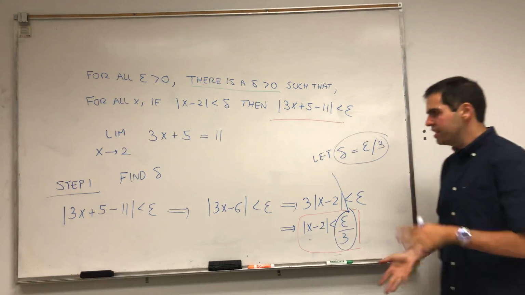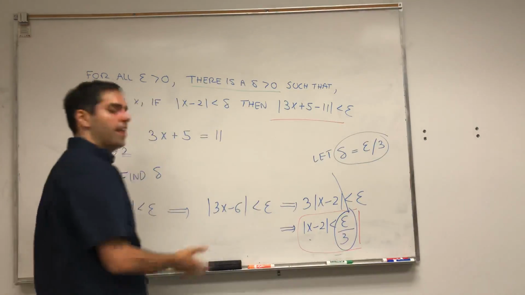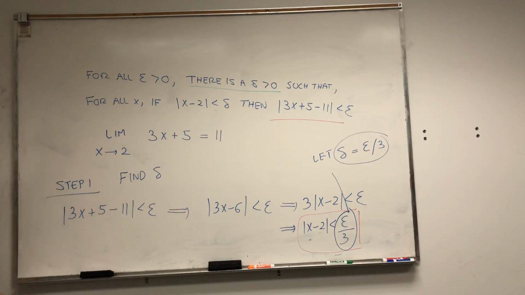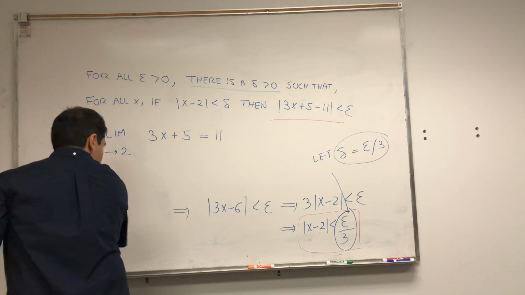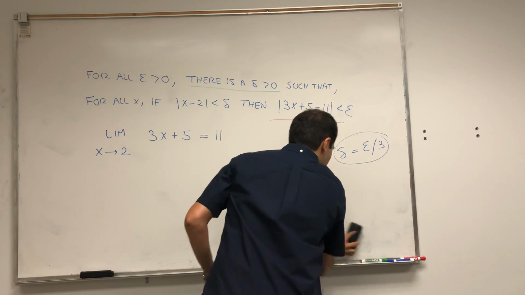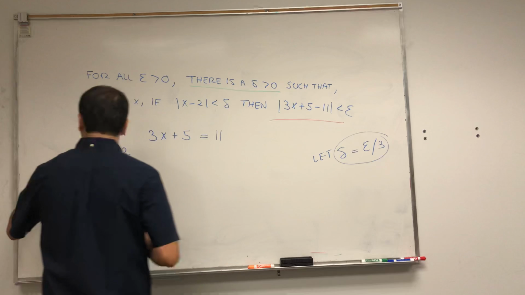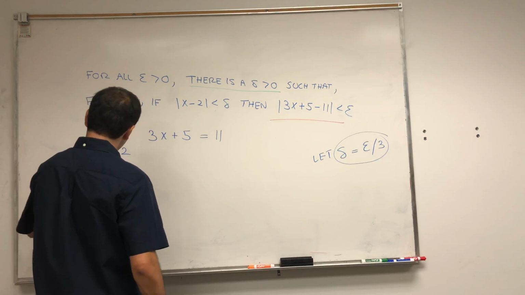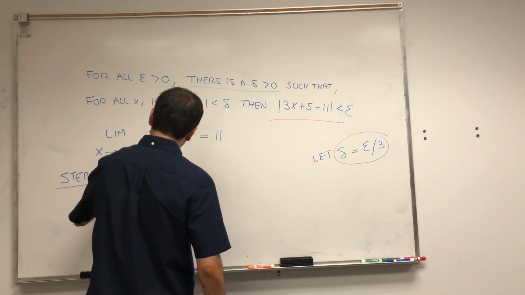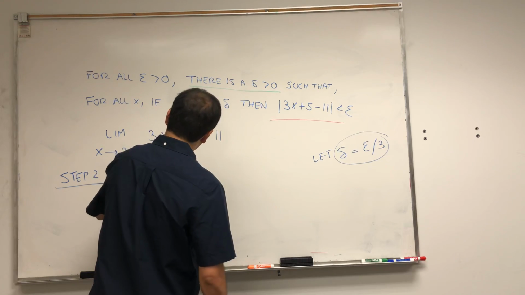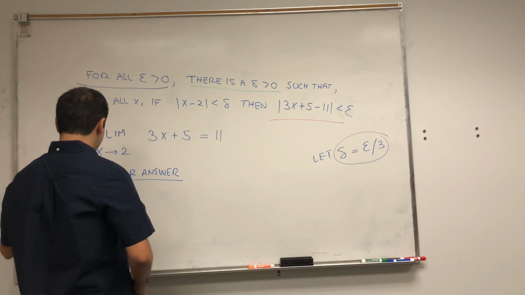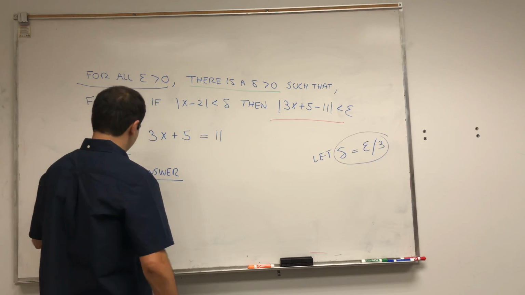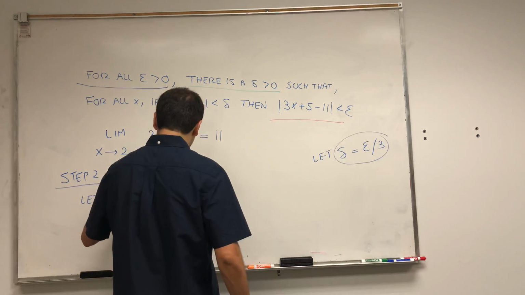Now we want to put everything in order. It's not clear that this is actually the answer because you just went in reverse. Now let's go back to our forward step. So let's write down our proof. Step 2. We want to go step by step. For our epsilon, that just means let epsilon be given. Suppose your friend gives you epsilon.